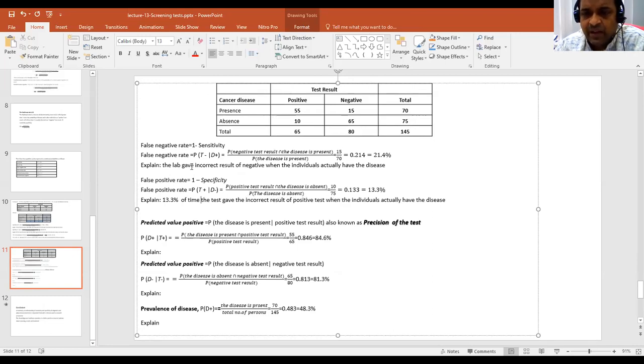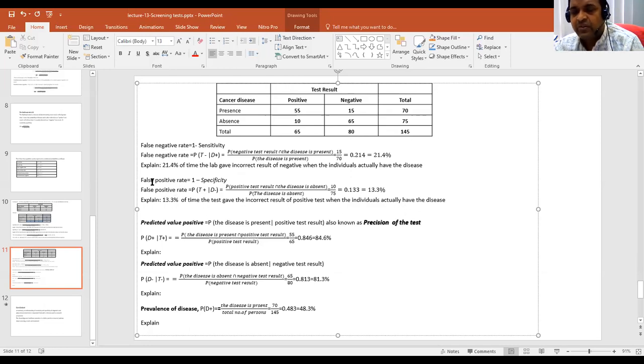Here also, 21.4% of the time the lab test will give the incorrect result of negative, but the individual actually has the disease. This is the false negative. And the false positive is 13.3% of the time the test gives the incorrect result of positive when the individual doesn't have the disease. So this is the false negative and false positive.